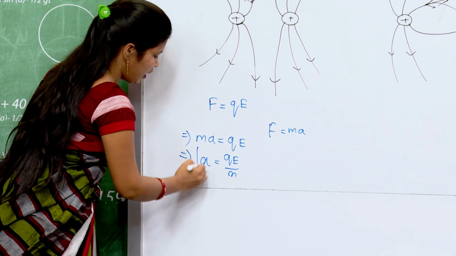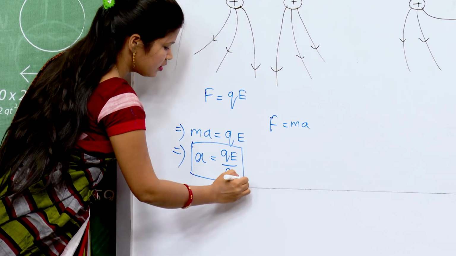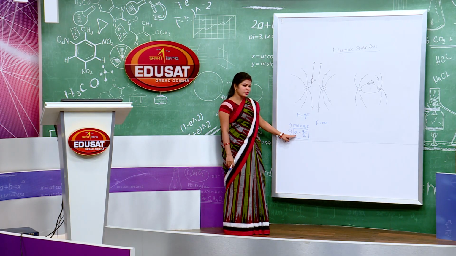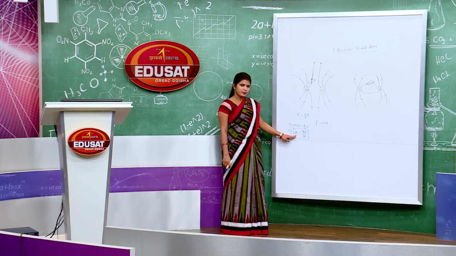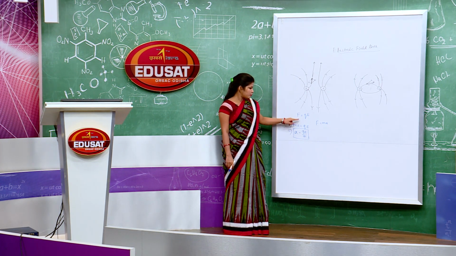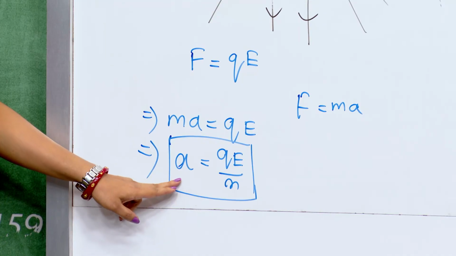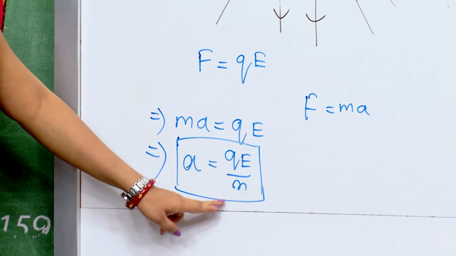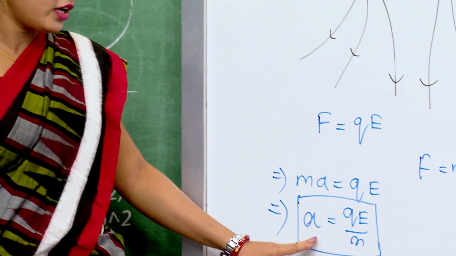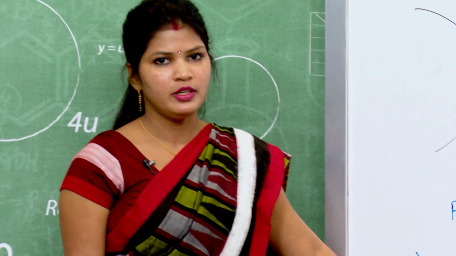So, this is the expression of acceleration of a charged particle. We know that force is equal to q E, and acceleration is force upon m, so a is equal to q E upon m.